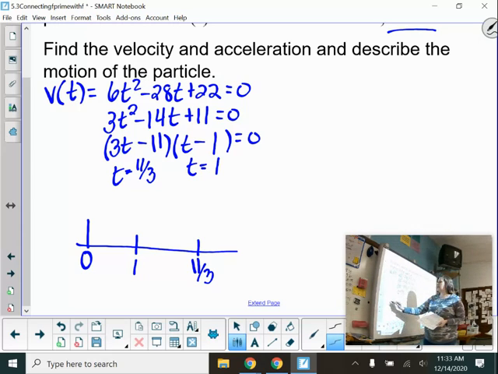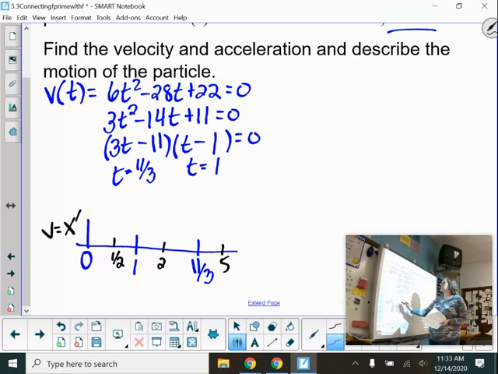So if I think about things that are in between here, I'm going to be looking at the sign of x prime. So I can consider 1/2, I can consider 2, and then I can consider 5. So x prime, that would be the same thing as v. If I plug in 1/2, let's say I plug it into where I have this factored. Well, 3 times 1/2 minus 11 is negative. 1/2 minus 1 is negative.